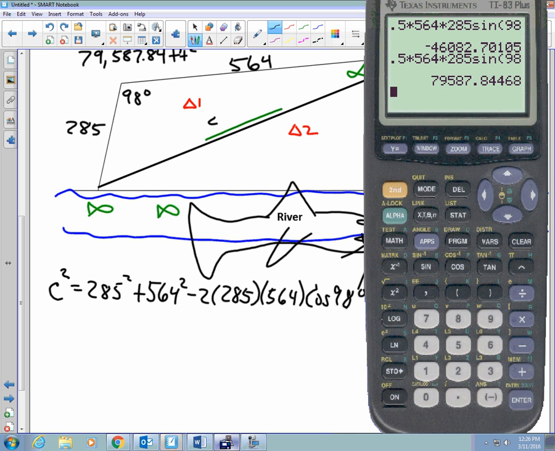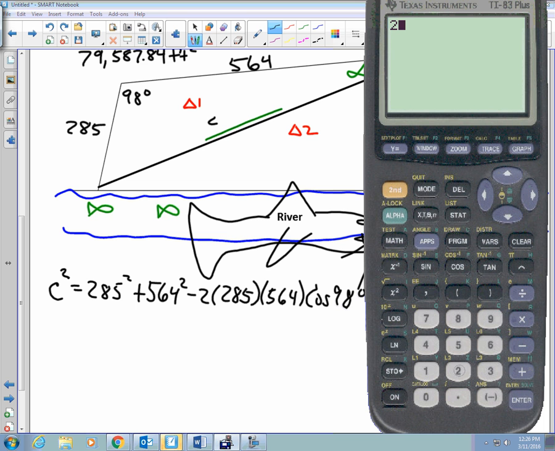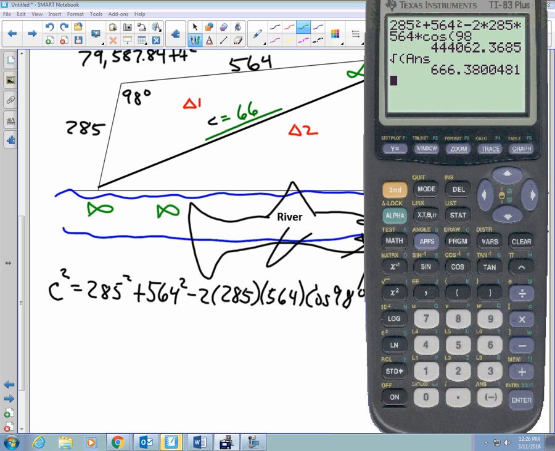And nowhere in this triangle do you have an angle and its opposite side. Square root the answer. We get C. All right. Cool. 666.38.